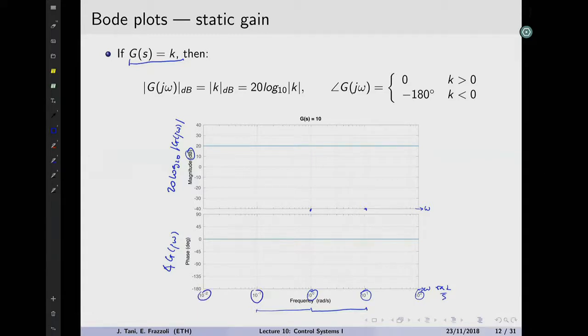So what is the magnitude of a constant expressed in dBs?